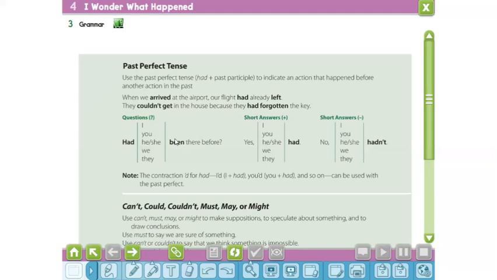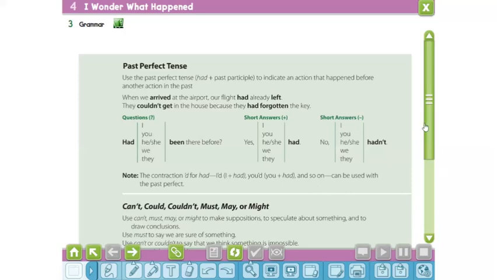So one more time, we use the past perfect tense with the past simple to show that that action, which is in the past perfect, happened before another action in the past. Look at this note, the contraction, the short form apostrophe D for had, I'd, you'd, and so on can be used with the past perfect. And as we know, we use the short forms in spoken English, not written English.